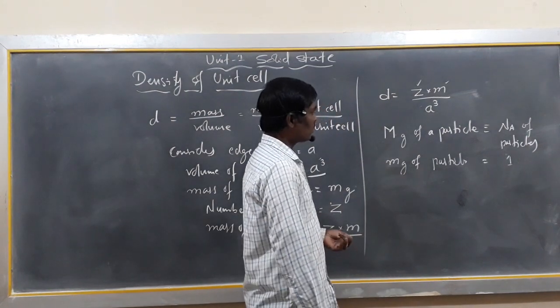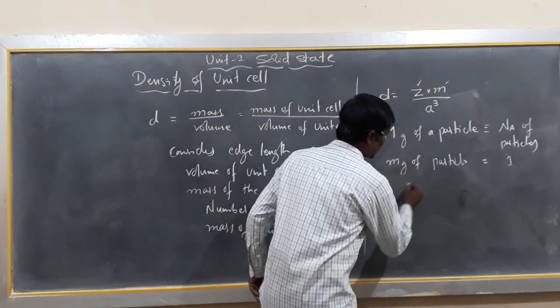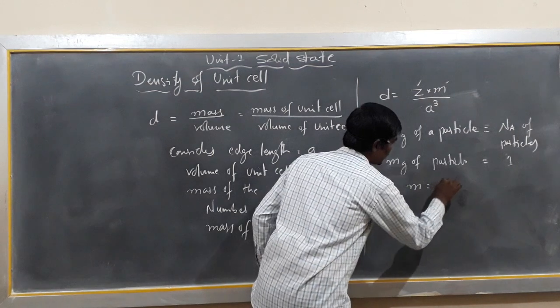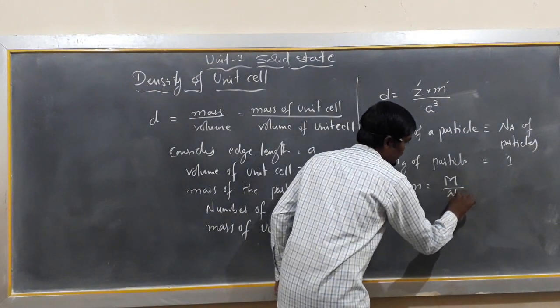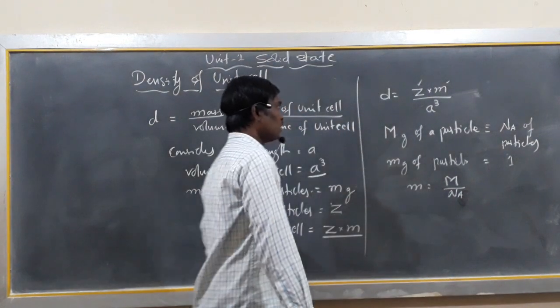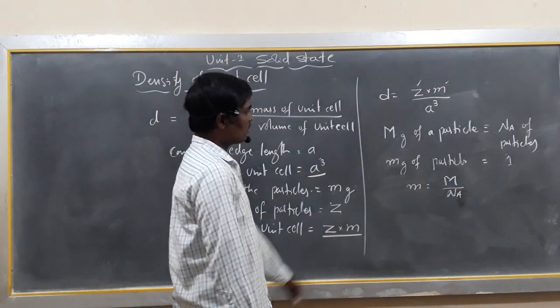The mass of each particle, small m, is equal to how much? So small m is equal to the total gram molecular mass, capital M, divided by Avogadro's number, Na. As I told students, that will give me the mass of each particle.